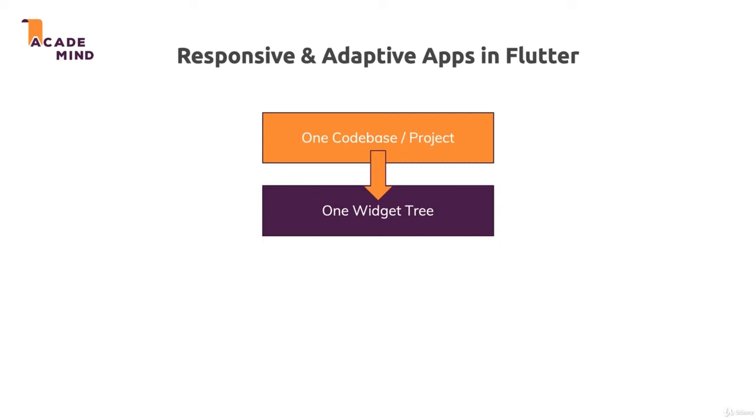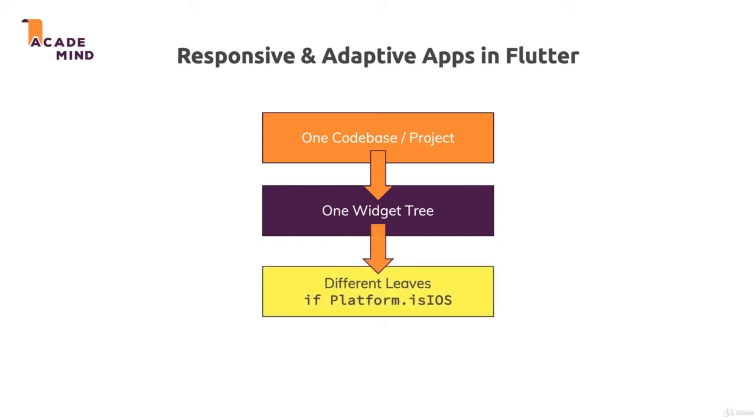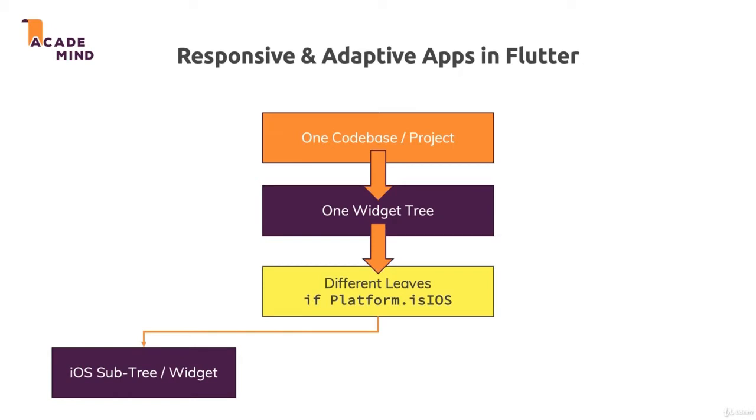Now, with all these restrictions or all these goals, the only way for us to make our app responsive or adaptive is that we detect which platform we're running on or which device size we have available in our code, in our widget tree, and then we render certain subtrees, certain individual widgets based on the platform or on the device size we have.